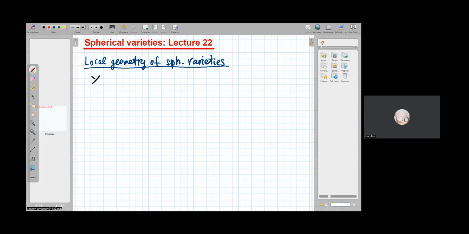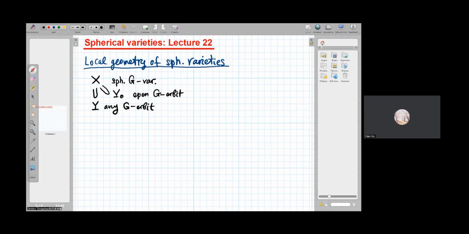X will be a spherical G variety with the open orbit Y0, which is a spherical homogeneous space. And by Y, I will denote any G orbit in X, as usual.